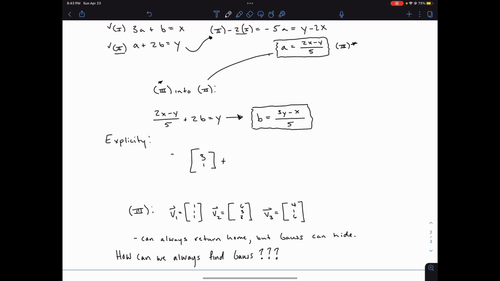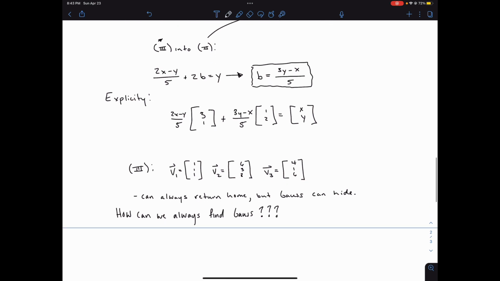Our a coefficient is (2x minus y) over 5. Our b coefficient is (3y minus x) over 5. And this is the (1, 2) vector. And we know that this will get us to some x and y in R2.